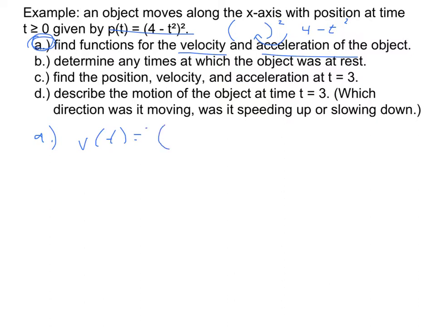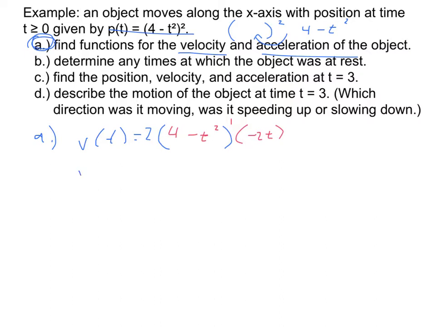That gives me 2 times the inside composed function, and remember we leave that alone, 4 minus t squared, and we multiply by the derivative of that function that was composed inside, negative 2t. The power up here, I suppose, is a 1. We brought the 2 down and subtracted 1 from that. So that's my velocity function.